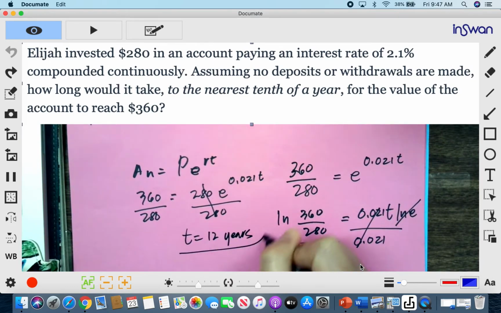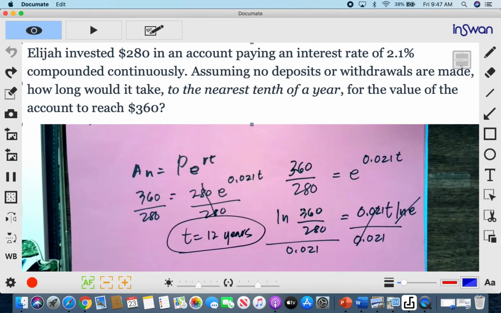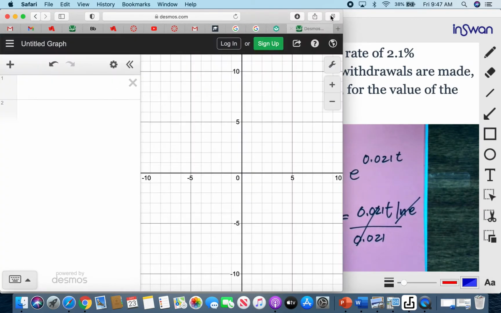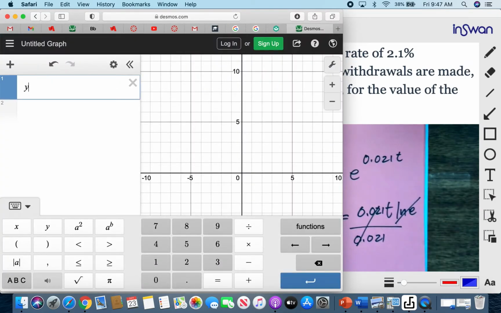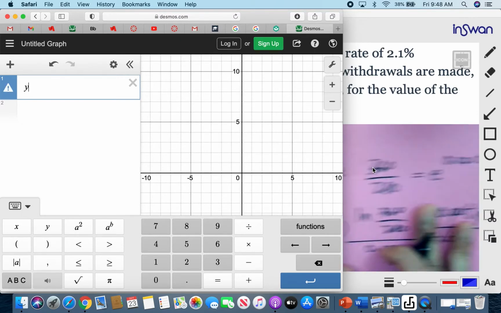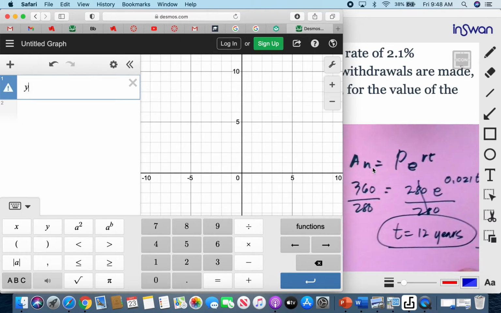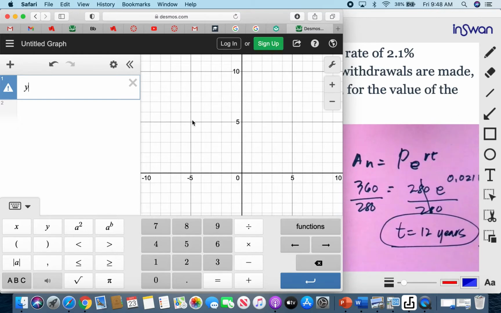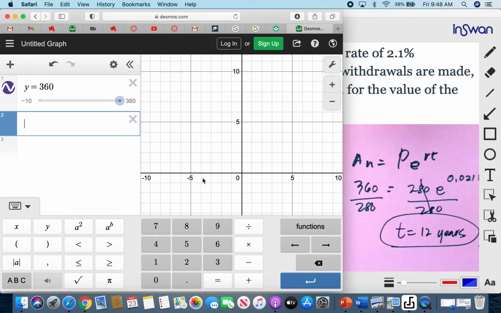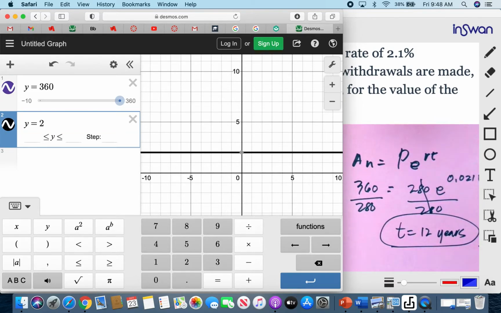Now, of course, this will be the long method to do this, but if you know your equation, you can always use your Desmos graphing calculator to do it for you too. So all you just need to do is to put the equations on both sides, put them in the y form. Our first value is 360, y equals 360, and our second value is 280.